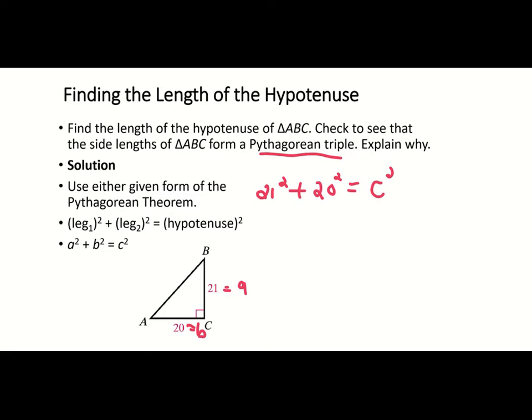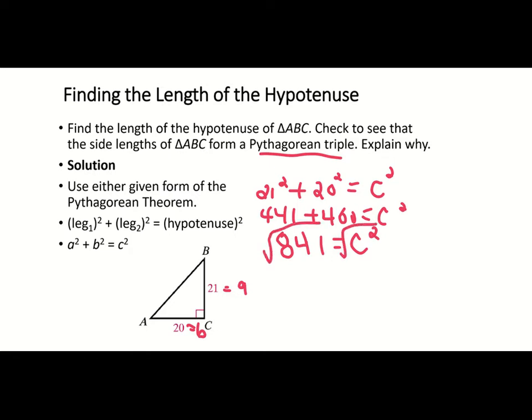So when we square 21, you end up with 441. If you square 20, you get 400. And it equals c squared. So we have 841 is equal to c squared. But we want c, we want the hypotenuse, so we're going to take the square root of both sides.